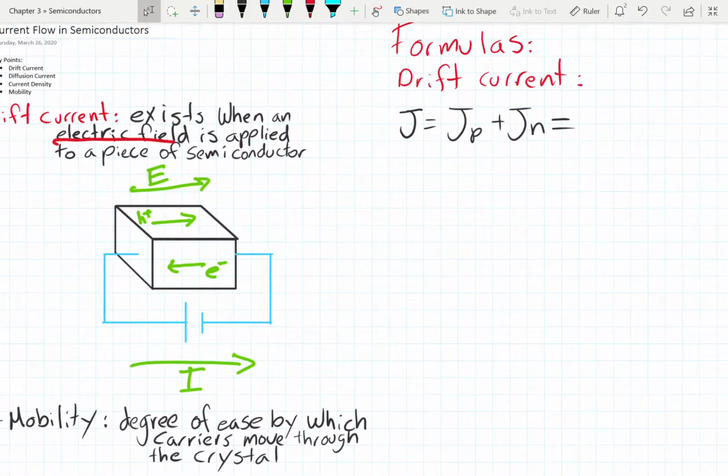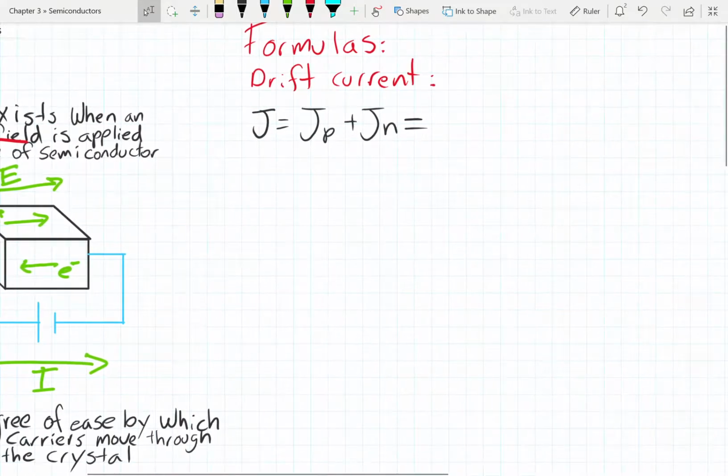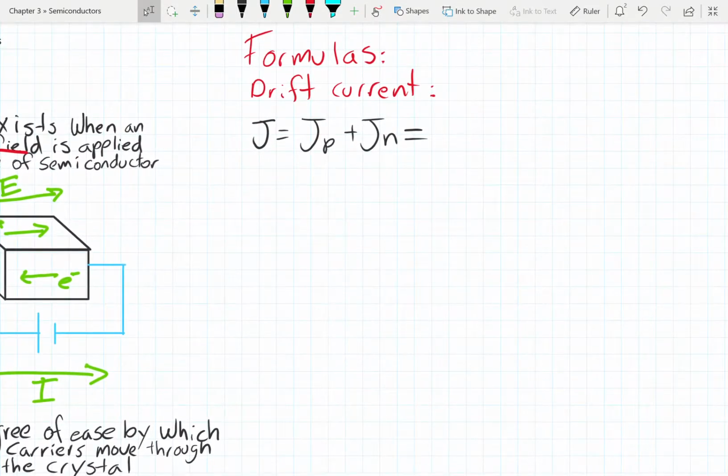So now let's look at the formulas for this drift current. First we have J. J is the current density. Current density is current per unit area. So if you wanted to know the current, the current is equal to the current density times the area.